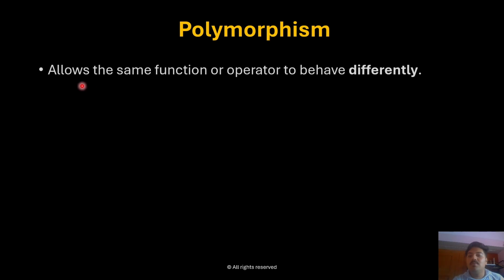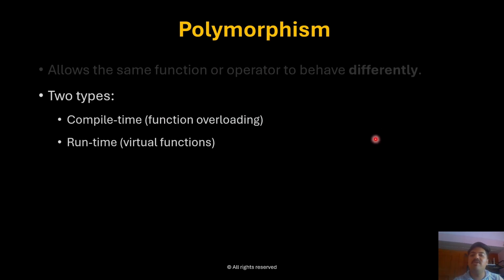Polymorphism allows the same function and operators to behave differently. So polymorphism promotes function overloading and operator overloading so that we can use the same function or operator again and again to perform different tasks.